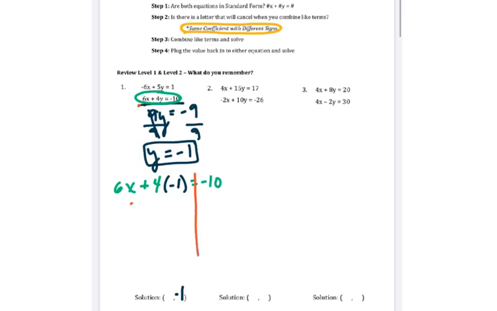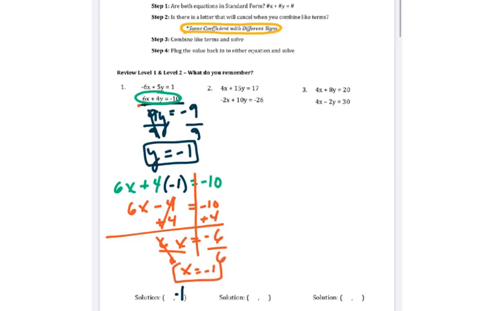So now I'm ready to solve. 6x, 4 times -1 is -4, equals -10. Get x by itself: plus 4, plus 4. 6x equals -6. Divide by 6, divide by 6. So x equals -1. Now we have solved for both the x and the y.